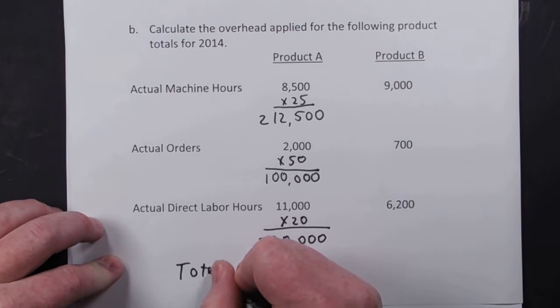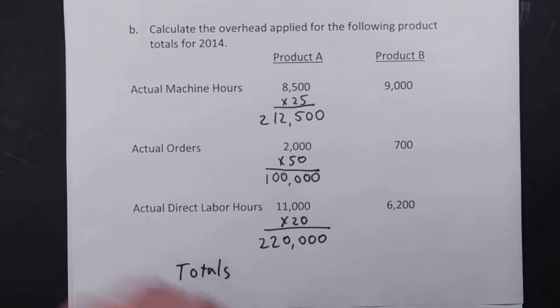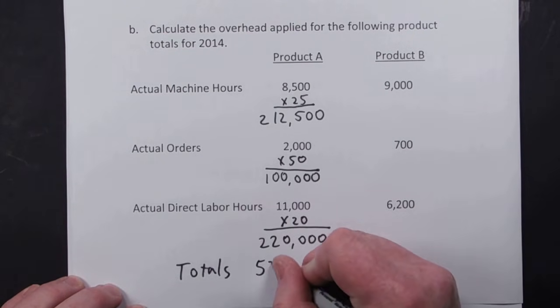Total them all up: 212,500 plus 100,000 plus the 220,000. We will have a grand total of $532,500. So that's how much is going to get applied to product A.